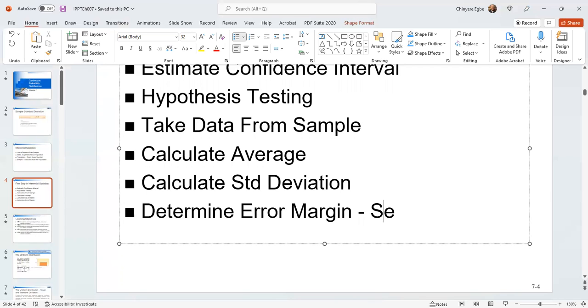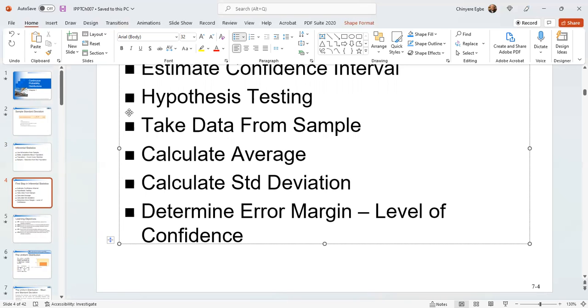That leads you to select the level of confidence. So this is the first step, confidence interval. The process involves calculating the average, the standard deviation, and determining the error margin.